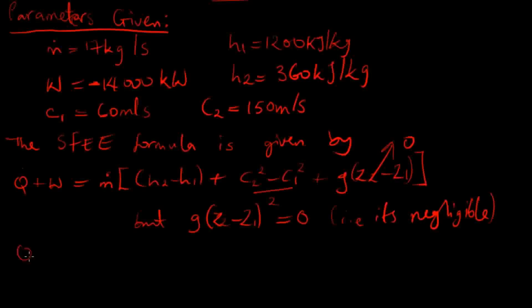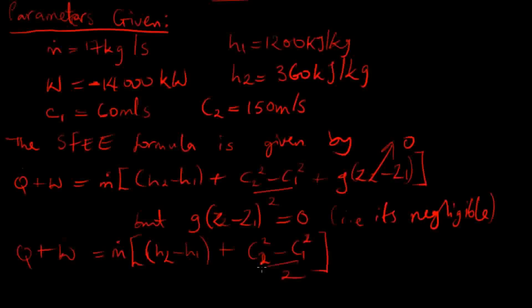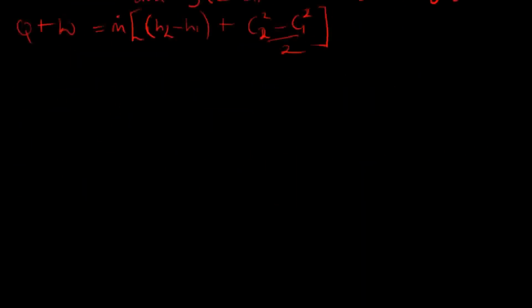So we now have Q plus W equals mass flow rate times H2 minus H1 plus (C2 squared minus C1 squared) over 2. This is what we'll now be working with. They say we should find heat rejected.